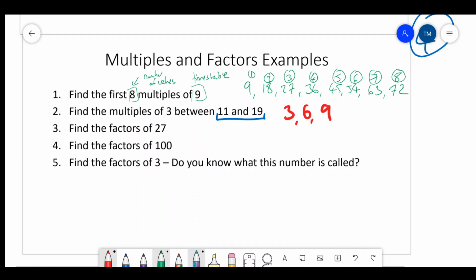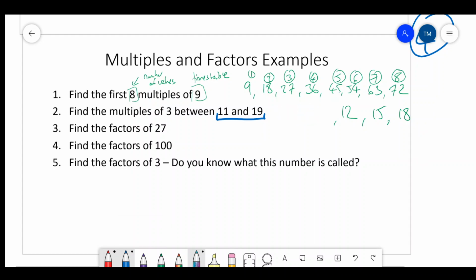And then we go through, our next value is 12, which is correct. So 12 is between 11 and 19. Then we've got 15, which is also fine. We've got 18, and then our next value is 21, which is outside the range. So our answer in this case is simply going to be 12, 15, 18.